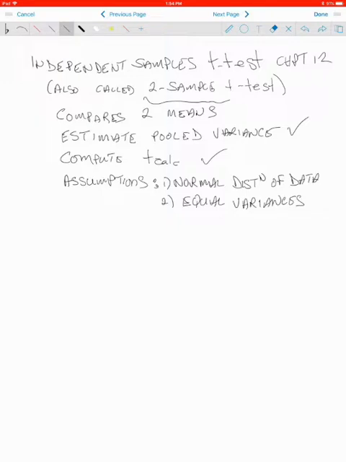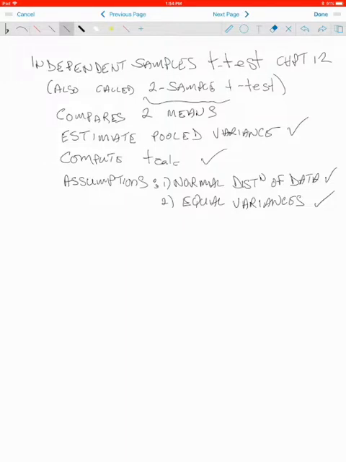That is that the populations that are sampled are normally distributed. So we have two populations we imagine sampling. Those are both normally distributed. That's one assumption. The second assumption, perhaps a somewhat more important one, is that those populations also have equal variances. The true variances of the populations are equal. So those are the assumptions.